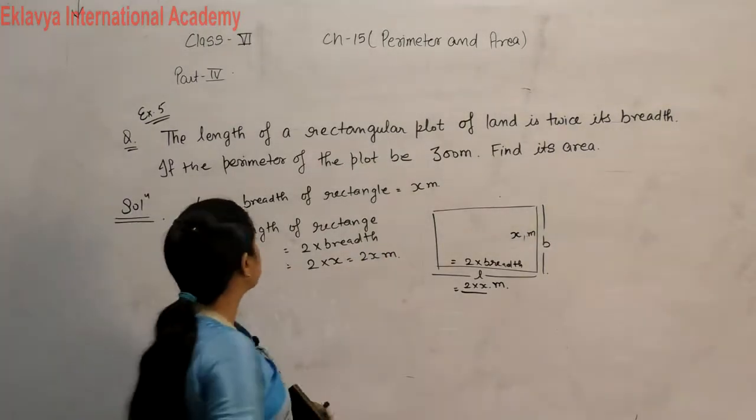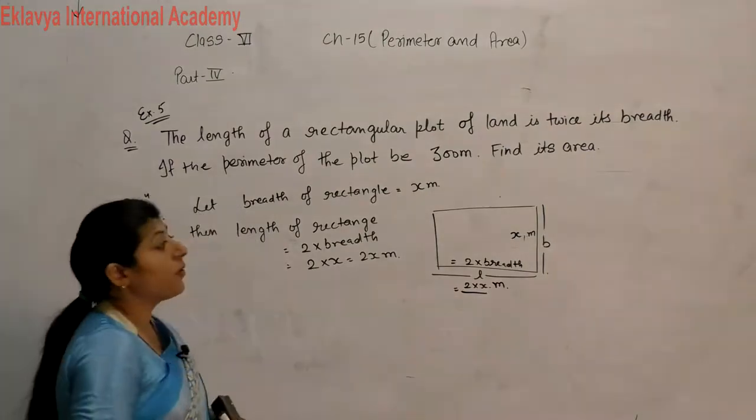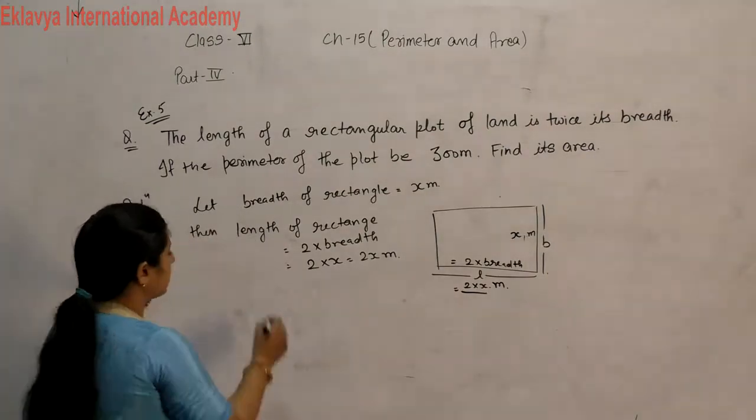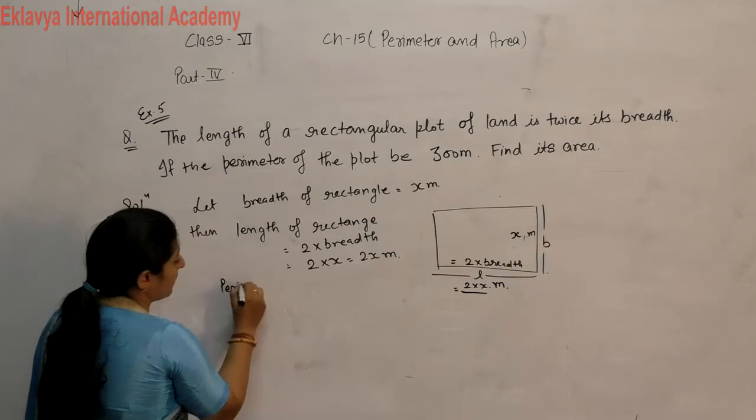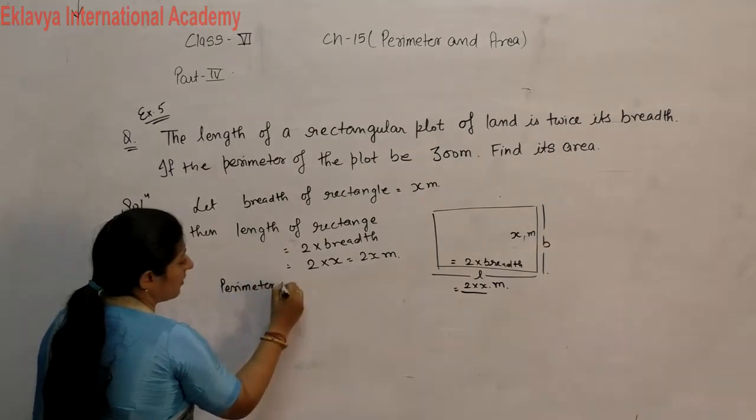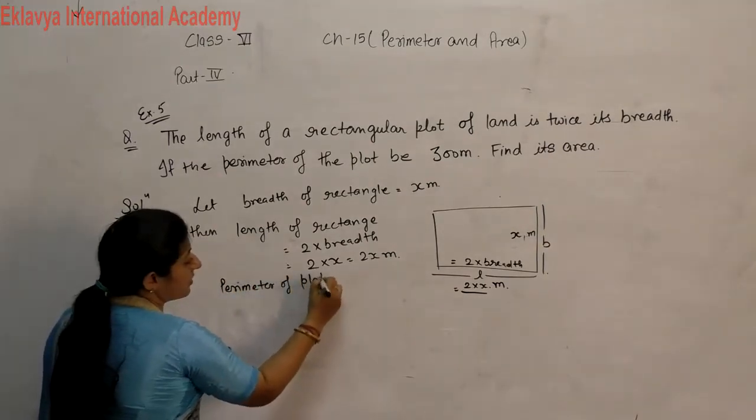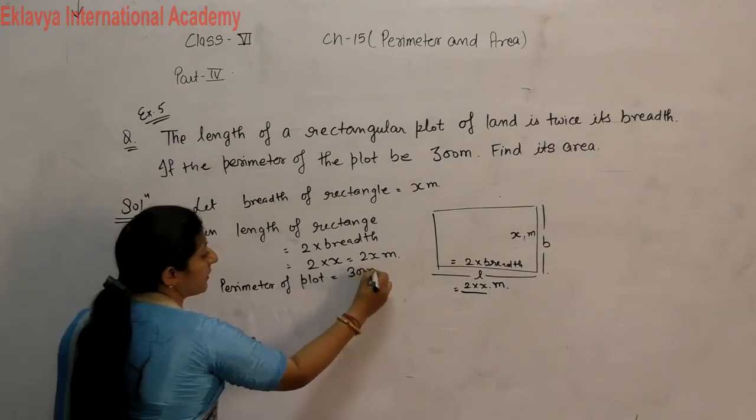Next statement given to you: perimeter of the plot is 300 meter. Perimeter of plot is equal to 300 meter.